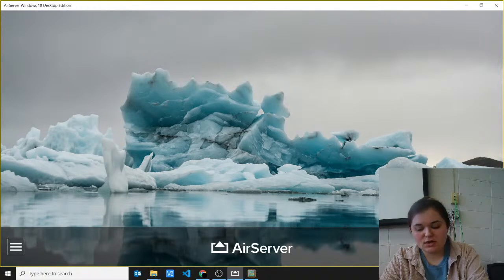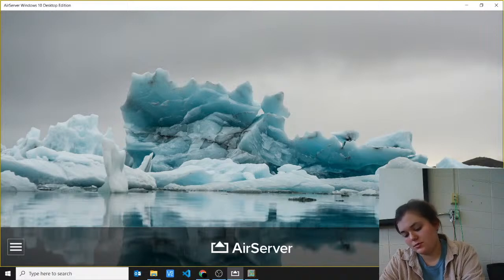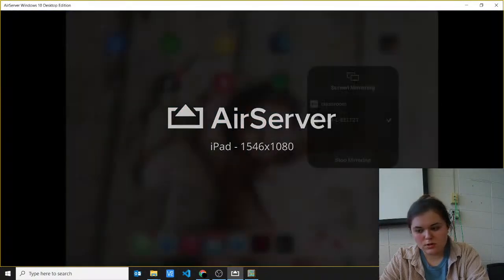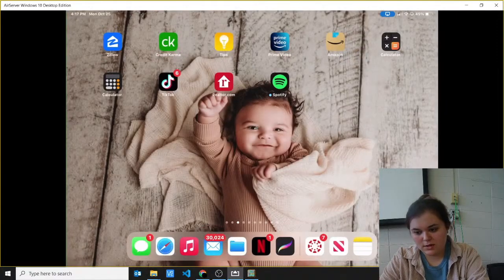Well, it says I'm connected, but it's not showing anything. Alright. That's an issue. Let's try the sum. Oh. I was connected to the wrong one. Isn't that handy?